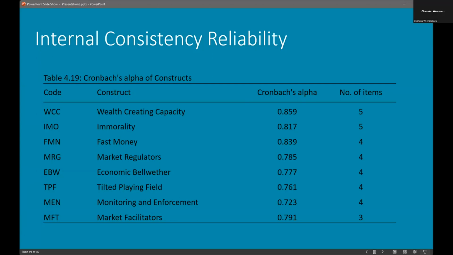What Cronbach alpha says is whether all the items in a particular construct, here we have 5 items, are highly correlated among them or not. If they are highly correlated, that means that this particular variable is reliable, consistent. If you measure it again, probably you are going to get the same sort of answers. So that is the reliability.